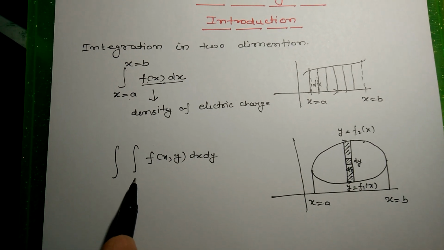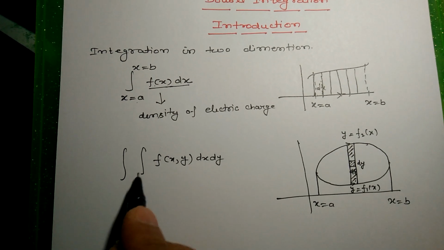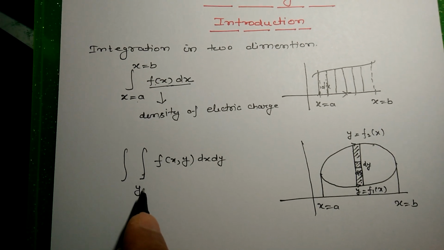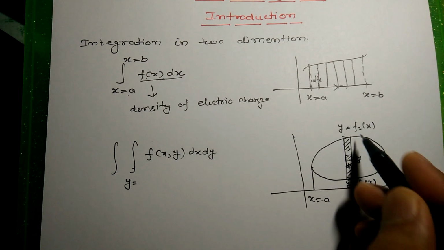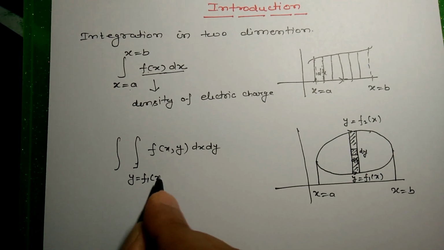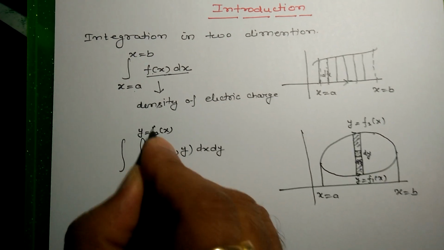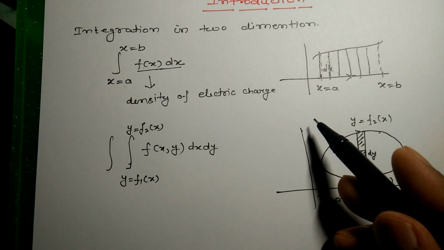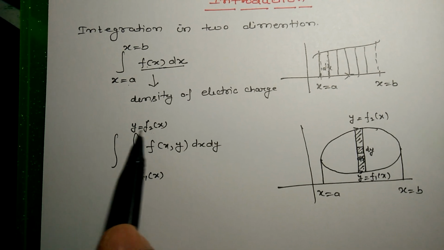So this integration is always the integration on the strip. And when I try to do this integration, we write from which curve my strip is starting and to which curve it is going. So it is starting from y is equal to f1(x) and going to y is equal to f2(x). I have written y is equal to because my strip is parallel to the y-axis.